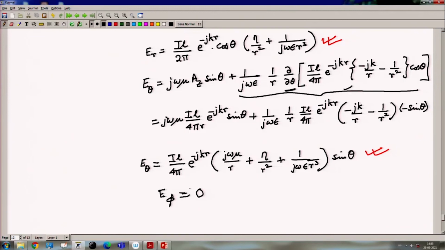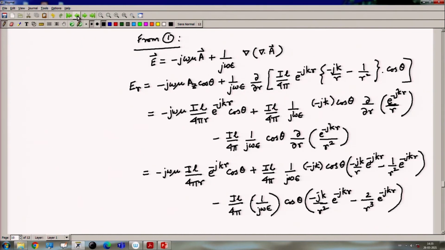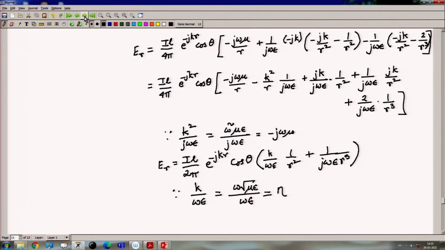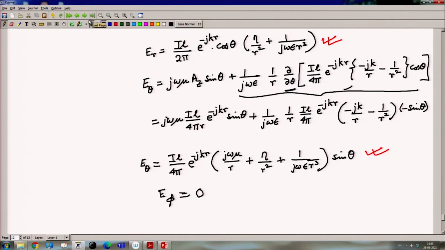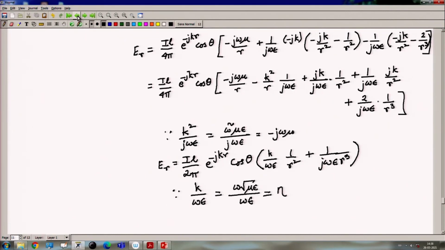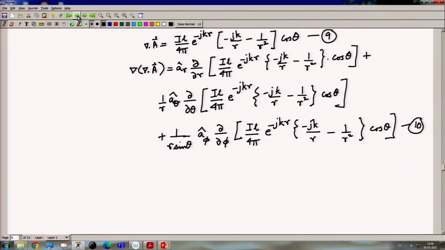So, the first term of the electric field, which is minus j omega mu A, that is 0, and the second term, if you look at the expression for grad of divergence of A, if you look at the third term, that is del del phi of this term.